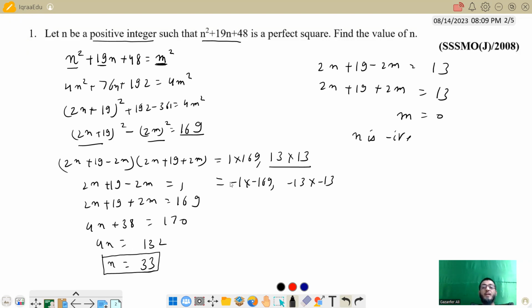If you check for the negative factors, similarly you will solve for this, and then you will get negative values of n. So you cannot miss the negative factors; you have to always check for them. In this question, the negative factors will give negative values of n.